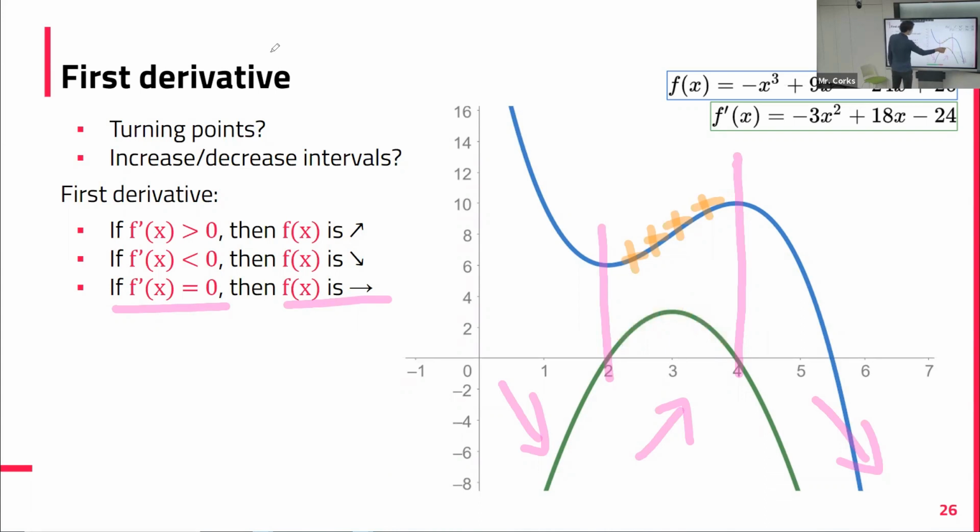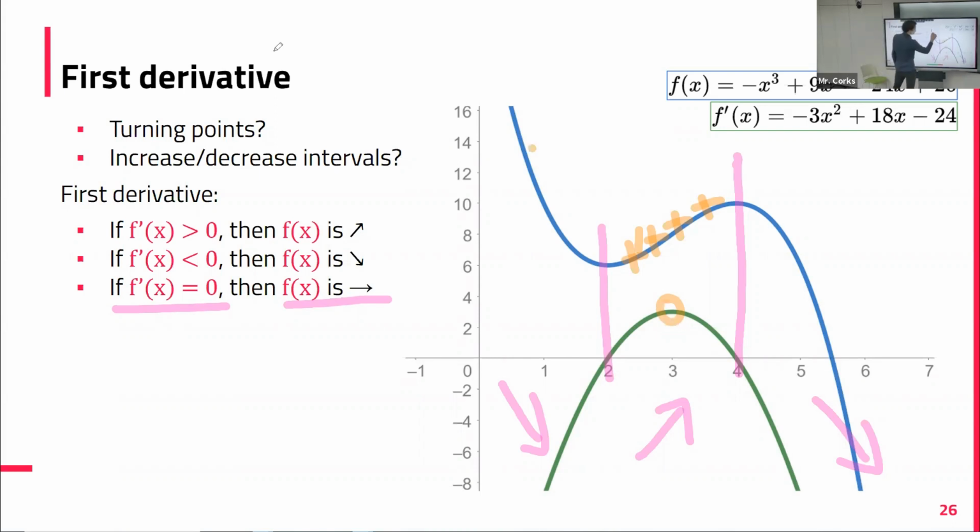We do notice, as you guys were mentioning, we have this maximum point here. So that's probably going to be the largest, most positive slope that we have in this middle area. But that's about the second derivative, so we're going to come back to that a bit later.